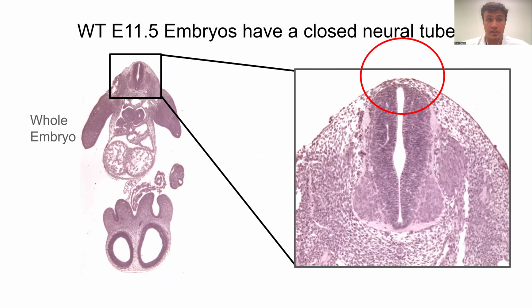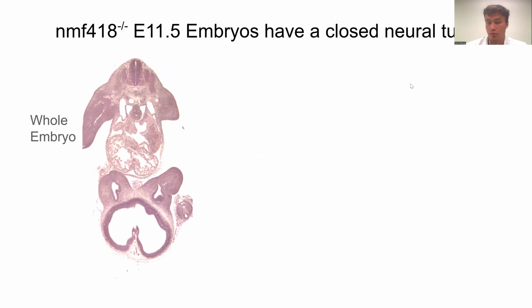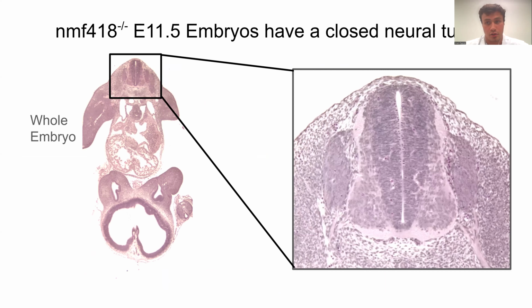Now, the interesting part is that when we look at the 418 homozygous mutant mice, there is also no opening on the dorsal surface, which appears to run contradictory to what we would have thought previously. But there is clearly no failure of the neural tube to close, even in the 418 homozygous mutant mice.